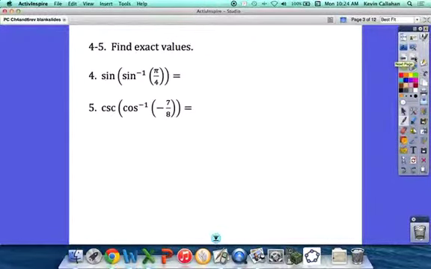So remember, when we take a composition of a function and its inverse, we would think that the composition cancels each other out and you get whatever's inside as the answer. But the domain has to be correct, right? What kind of values are we allowed to plug into the sine inverse? Between -1 and 1.